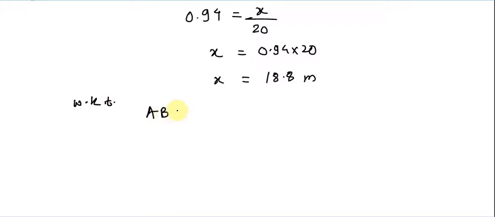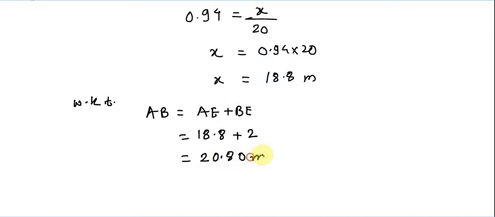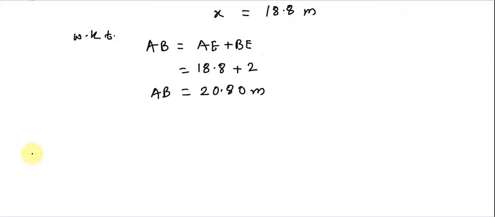But we know that AB equal to AE plus BE. So that is 18.8 plus BE is 2 meters. So it is 20.80 meters.